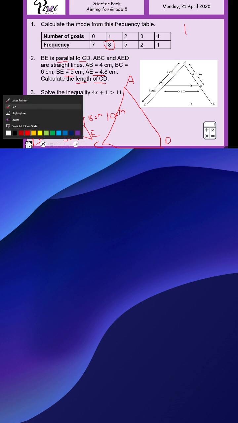Now, when it comes to similar shapes, the key is to find the appropriate scale factor that maps one to the other. To go from 4 to 10, I'm going to multiply by 2.5.